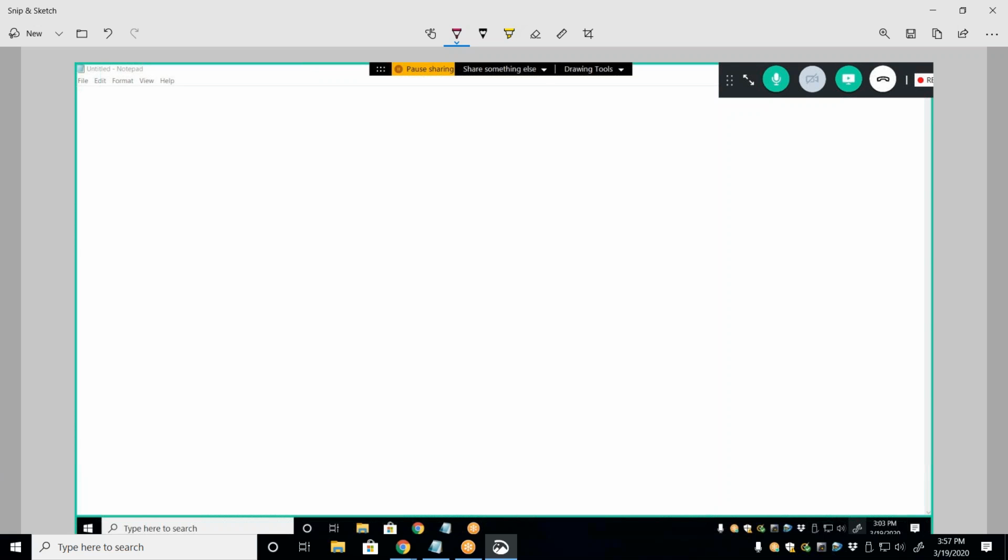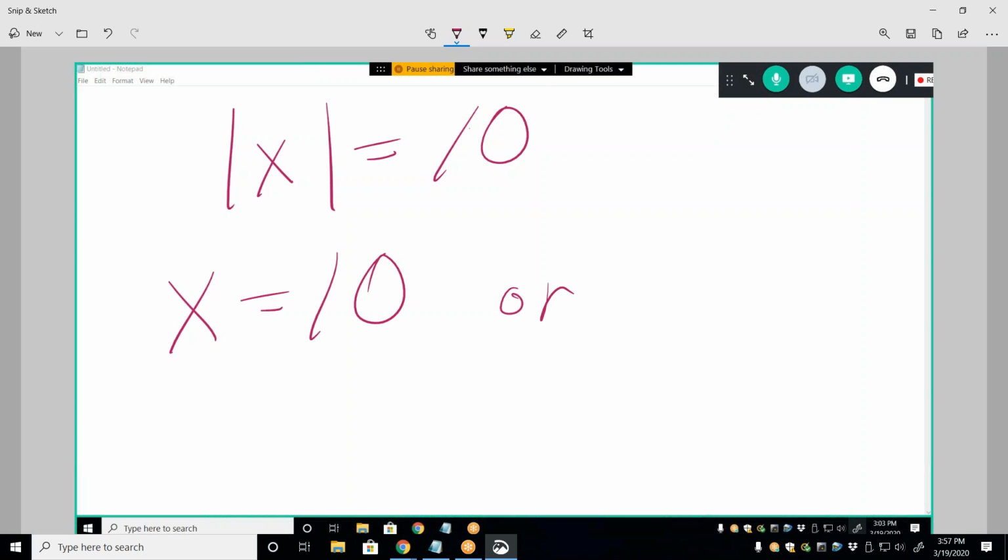Do you know absolute value? A little bit. If I say the absolute value of x equals 10, that actually means two things. It means x is equal to 10, or x is equal to what? Negative 10.